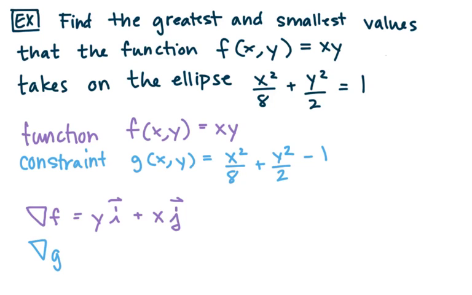And for the gradient of g, we'll take the partial derivative with respect to x. I'm going to get x over 4, or 1/4 x i, plus 1 y j.